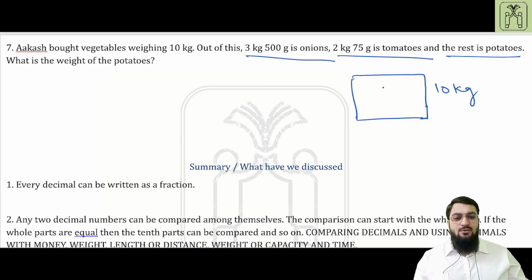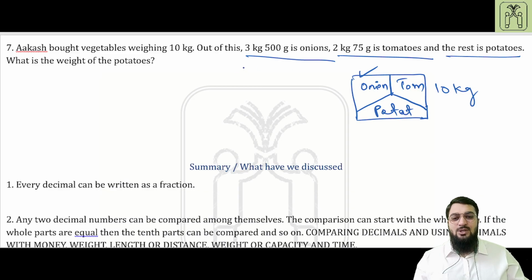Okay. Out of this, we can say that there are three sections in which the box has been divided into. First is that of the onion, next is that of the tomato, and another one is that of the potato. Okay, so the total weight of onion is mentioned to us, that is 3 kilograms 500 grams.